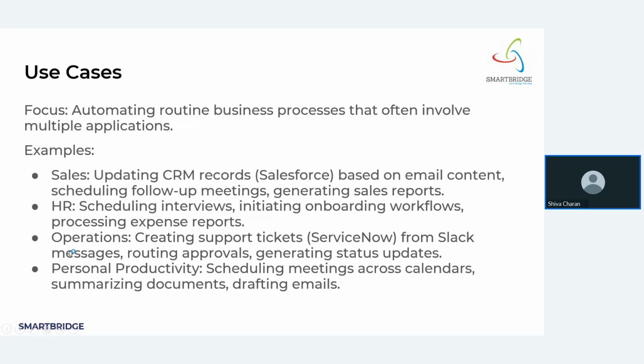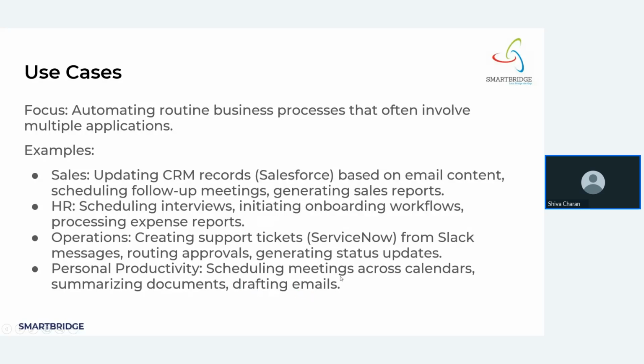For messaging, we can use either Teams or Slack. Slack is another messaging platform. So from Slack messages, we'll create the support tickets, routine approvals, and generate status updates. In personal productivity: scheduling meetings across calendars, summarizing documents, drafting emails. All these things we have seen. Nowadays, we are not spending much time on these, right?